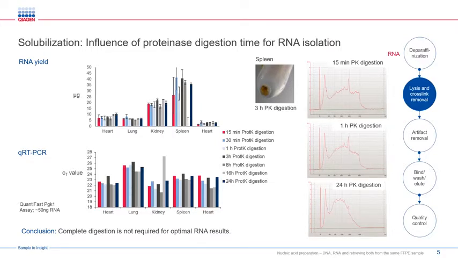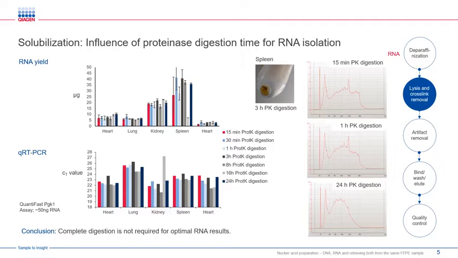The same is also confirmed when, instead of physical RNA yield determination, we are looking at qPCR. There is a lot of variability here, which is typical for FFPE samples, but essentially we are getting the same CT values after 15 minutes that we get after 24 hours.